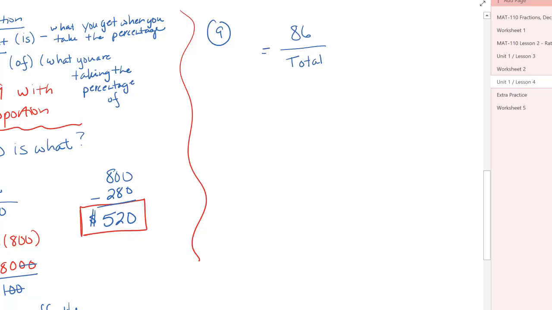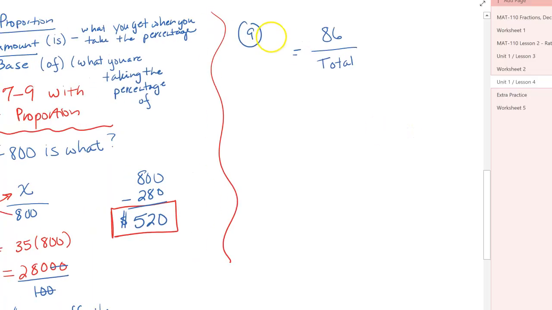And that was 96% correct. So we'll put our 96 over 100. So 96 is our percentage. That goes over 100. And then remember, the part goes on top and the total, or the whole, goes on bottom. So that will be what we're trying to find.